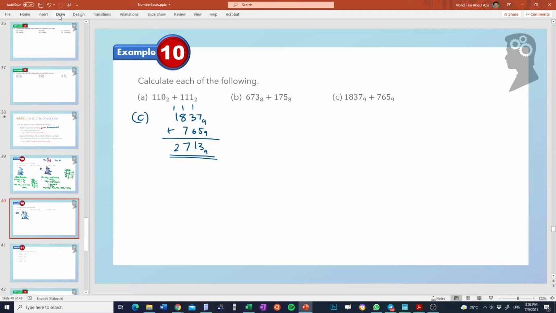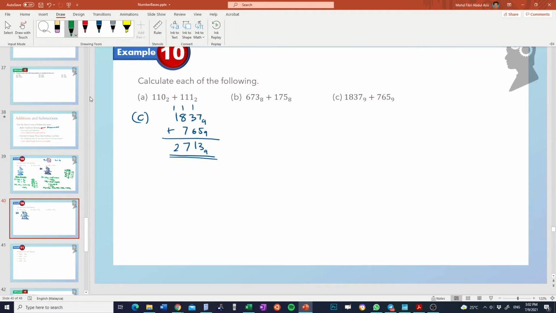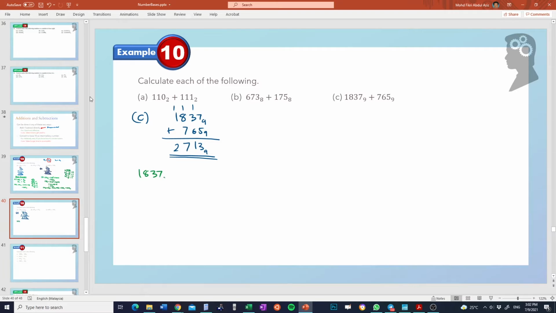Kalau nak convert, boleh convert. So that becomes 1837 base 9. I don't want to waste my time, so I'm going to write that in base 10 right away. That is 1411 base 10. And 765 base 9 is basically 626 base 10.